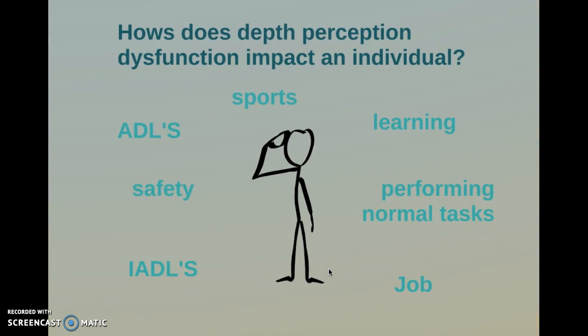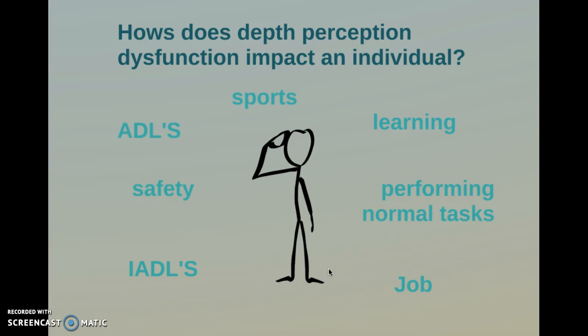Okay, so how does depth perception dysfunction impact an individual? It really impacts every activity in daily life because you need to see how far objects are or how close they are or if they're coming to you. So it would impact your ADLs. If you're trying to eat, it'll be kind of hard if you can't really see where the food is. Safety is compromised.